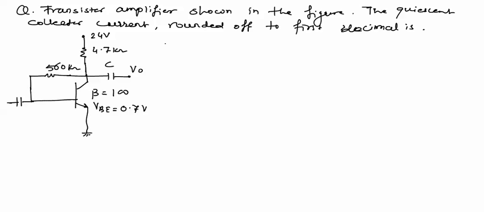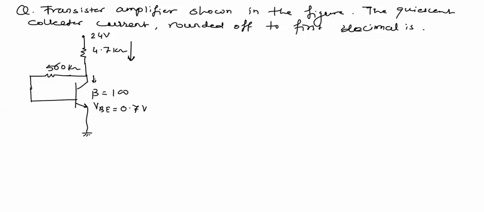Now we'll start analyzing the quiescent collector current, the Q point. The collector current at Q point is asked. So we will do DC analysis again. This capacitor will not be of any use. Now in this transistor circuit, the current through this 4.7 kilo ohm resistance will be divided into two parts.